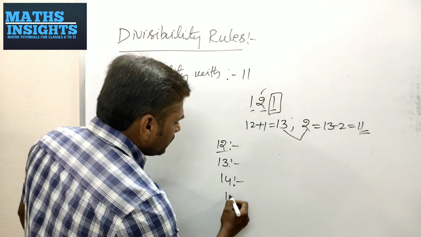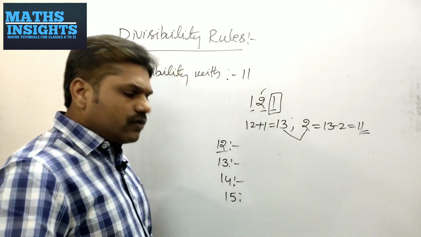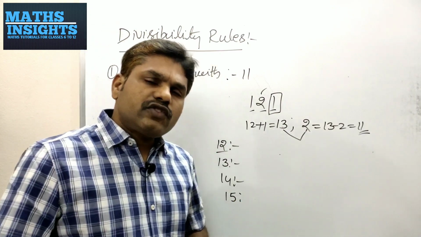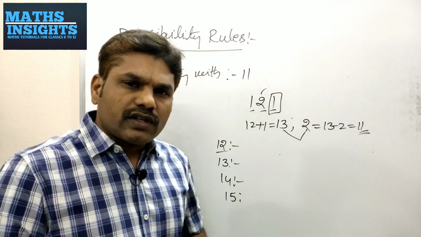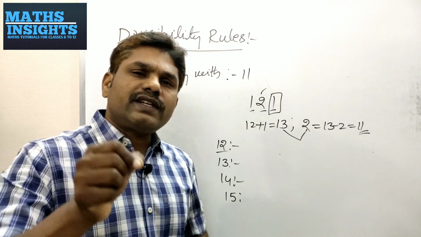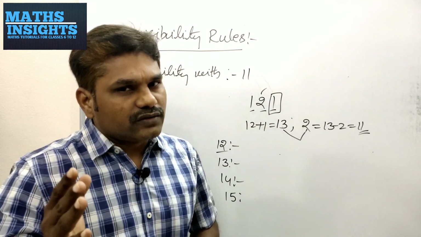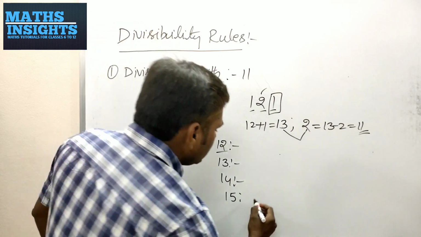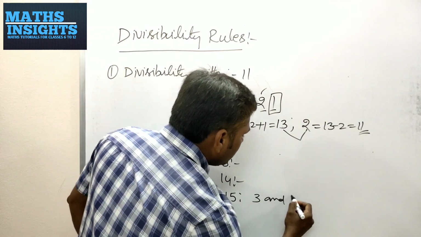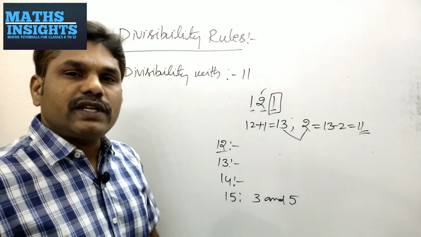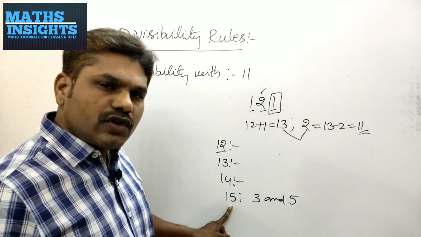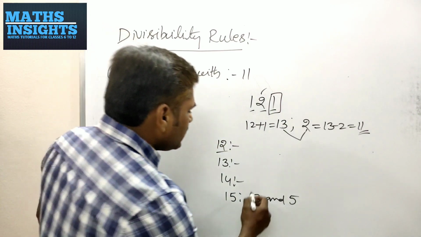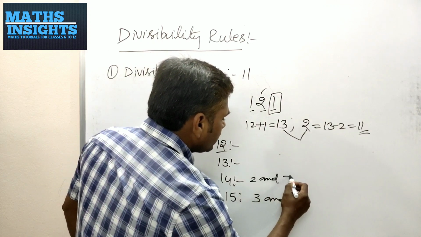Next one is 15. If you want to check the divisibility of any number with 15, you have to check whether it is divisible by 3 and 5. If that number is divisible exactly by 3 and 5, then it is also divisible by 15. Similarly here, 2 and 7.